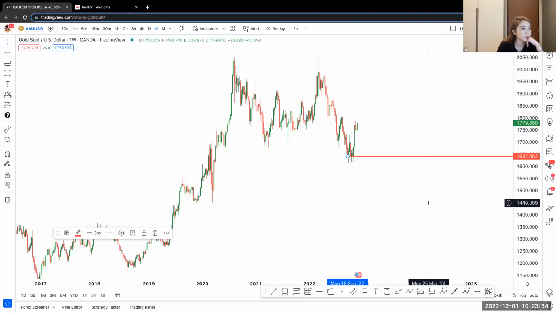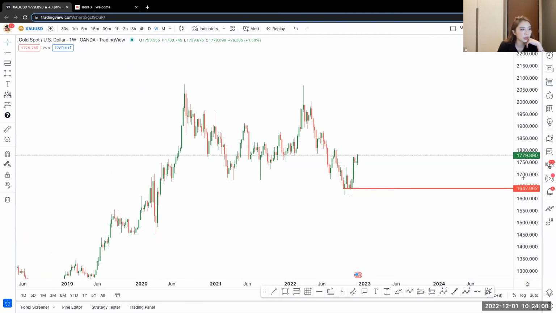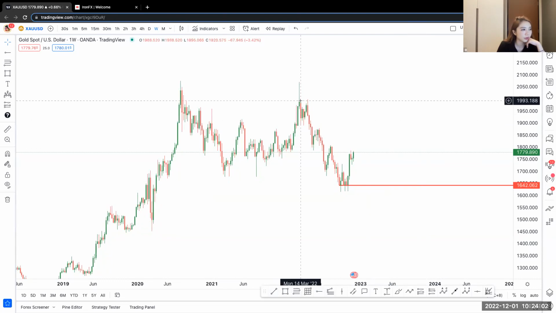We are looking at 1642 as the most recent support. Recent downward trend, a very short one, if you must say.